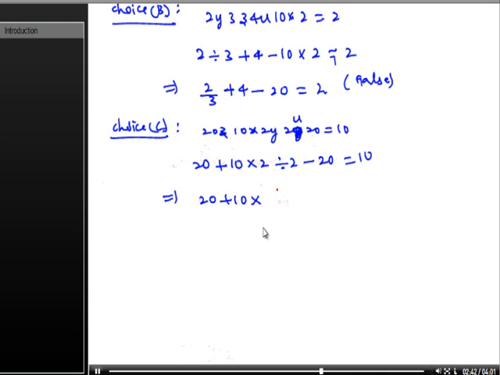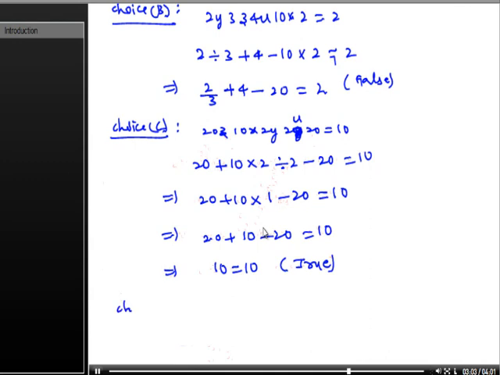On applying the BODMAS rule, 2 divided by 2 gives you 1, minus 20, that is equal to 10. That implies 20 plus 10 into 1 is 10 minus 20. This is equal to 10. This implies 10 is equal to 10. Therefore, it is a true statement. Now we'll check with choice D.